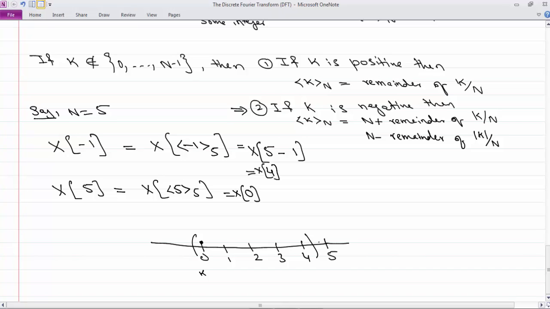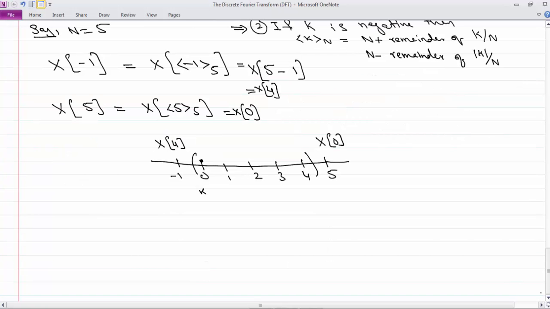So at 5, it is going to be the same as x of 0, and similarly at minus 1, it's going to be the same as x of 4. So it's a periodic sequence that repeats itself after every 5, with a period of 5. If you were to treat the DFT as an infinite sequence, you will find that it's a periodic sequence. It has only n unique values.